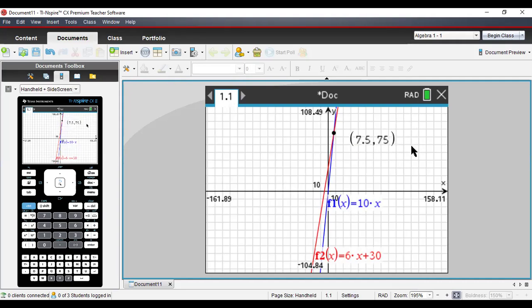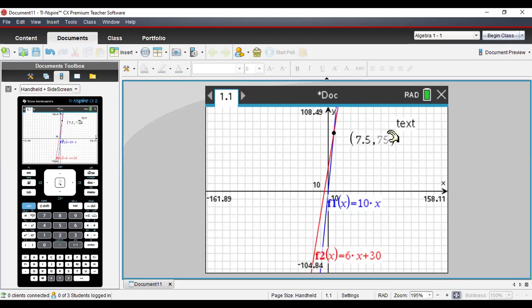So after basically she ran 45 feet and he ran 75 feet, but he caught her, and that's where they were equal. That's all that's saying. So it took him 7.5 seconds to catch his sister, and he caught her after 75 feet.